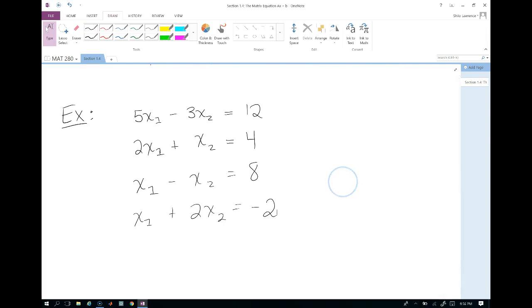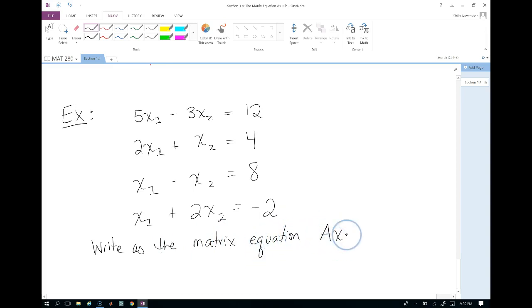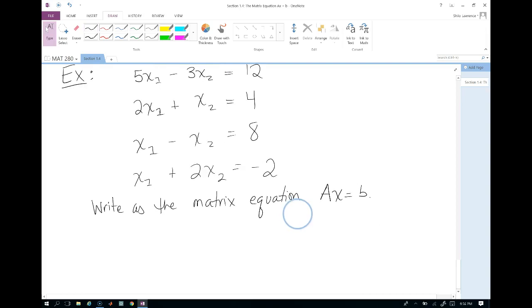We are going to write this in the form AX equals B. We're going to write it as the matrix equation AX equals B. The A is just the coefficient matrix.